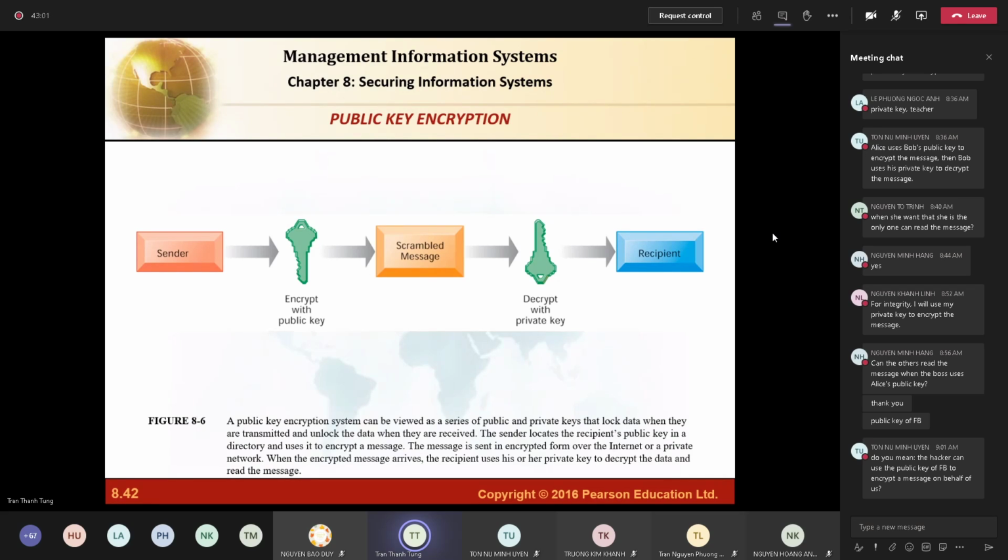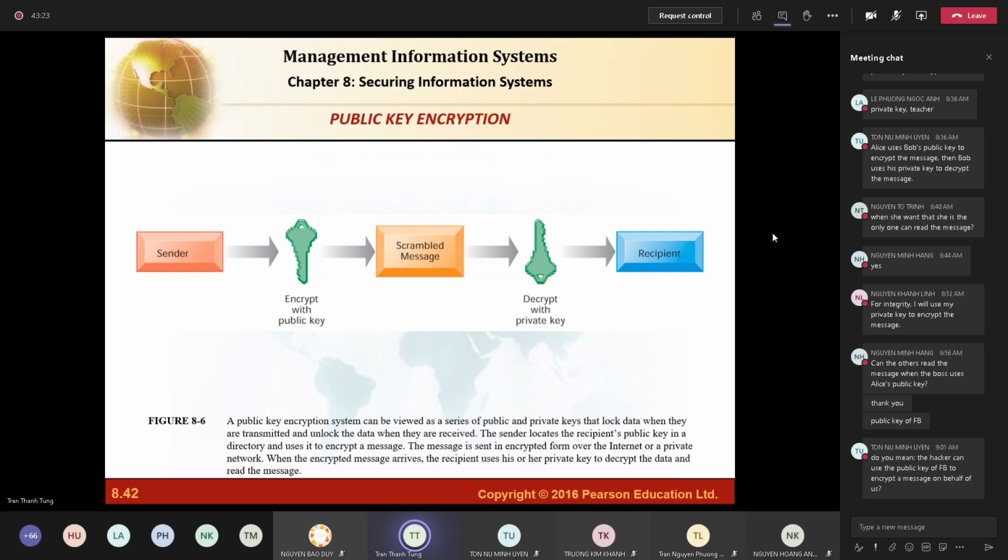And now I want to make sure that we are the owner, the one that wrote the message, so we want authenticity. We want to tell Facebook that this is me who requests to log in to the Facebook account.